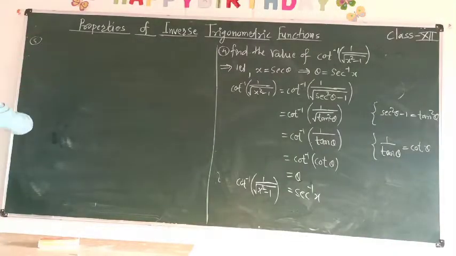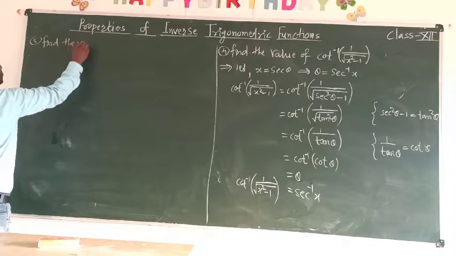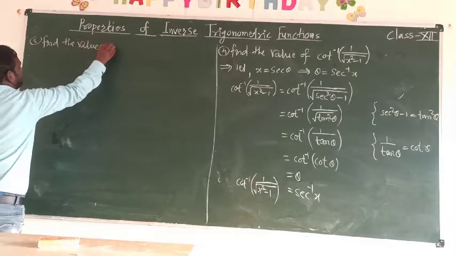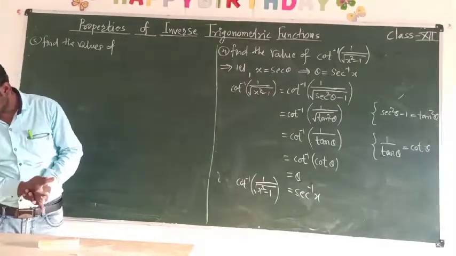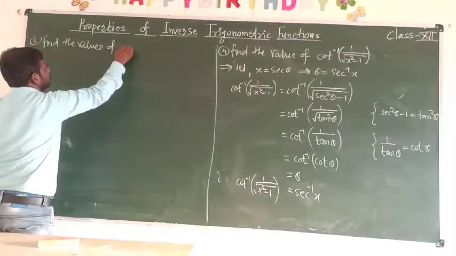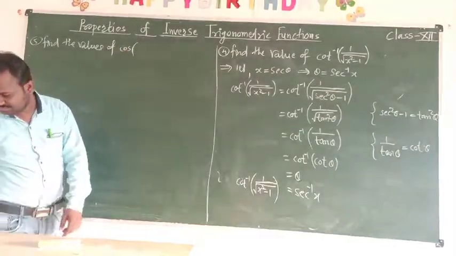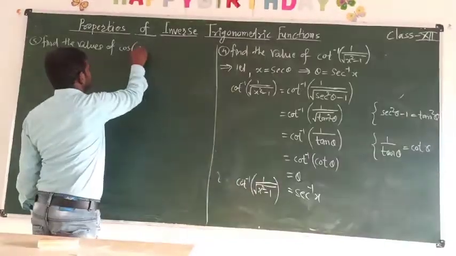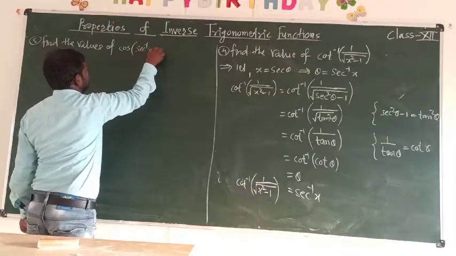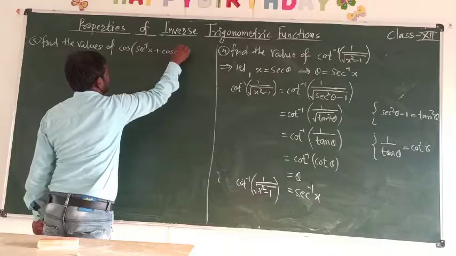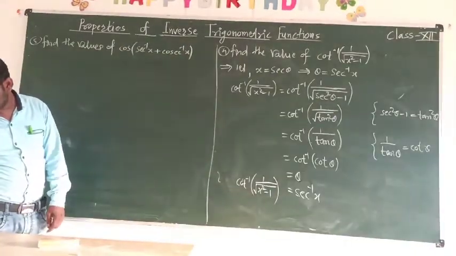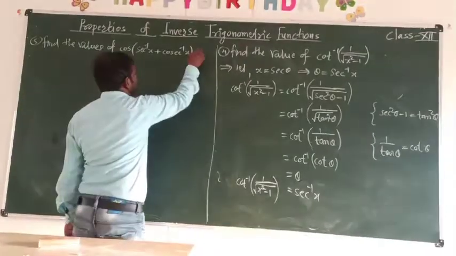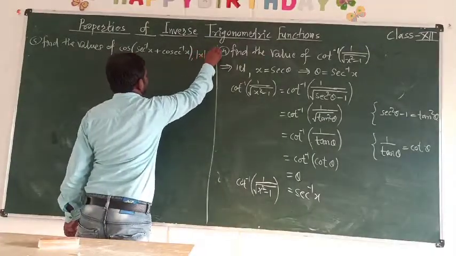Example number 5. Find the value of cos of sec inverse x plus cosec inverse x, when mod x is greater than or equal to 1.